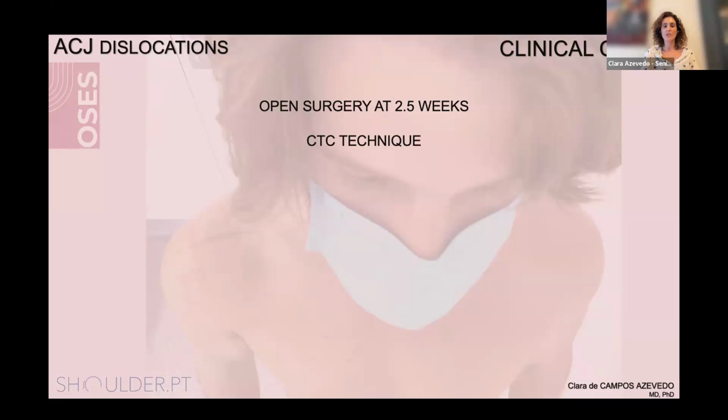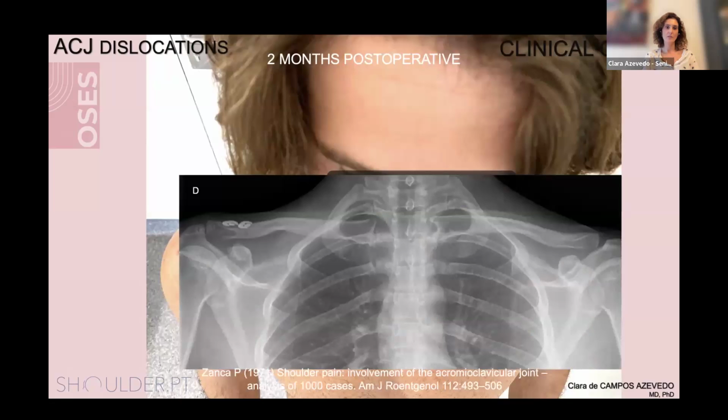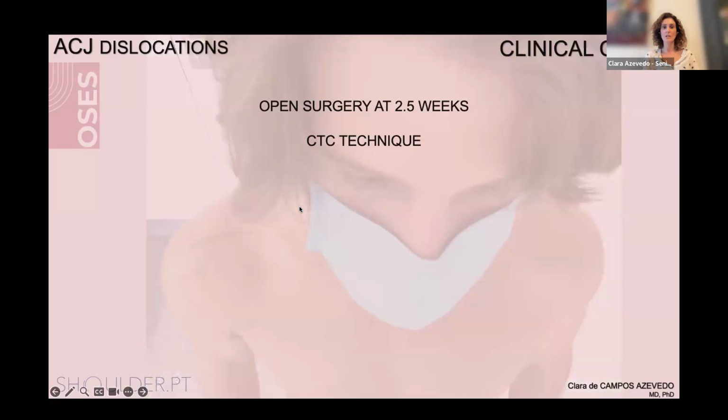We changed from arthroscopic to open because we don't see any justification to do the arthroscopic steps, because of all that we discussed. So we chose to do this technique in which we do a double bundle fixation of the coracoclavicular ligaments, and we repair when, as in this case, it was considered an acute repair. It's at 2.5 weeks.